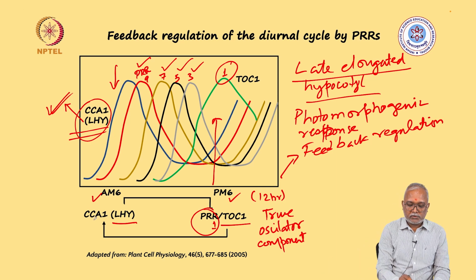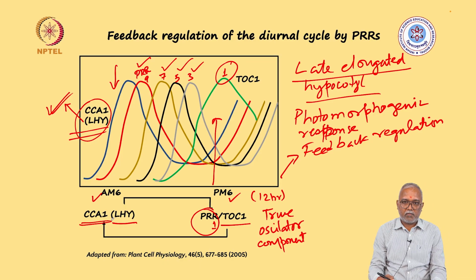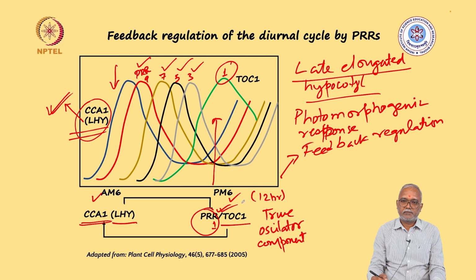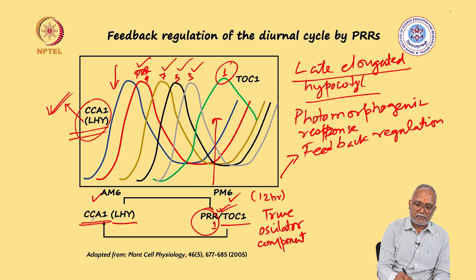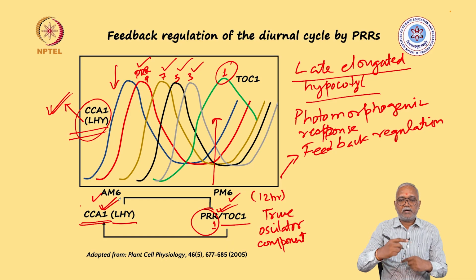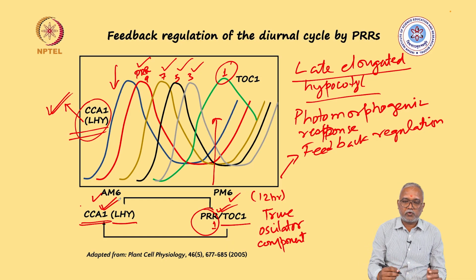When this late elongated hypocotyl molecule comes up in the morning, it ensures that PRR is not produced. And when PRR is made, it gives the feedback that at this point of time the CCA or LHY should be expressed. So there is continuous feedback between the two molecules as true oscillator components, one coming up early, one coming up late, with very little overlap.